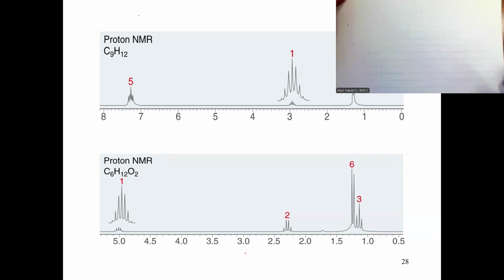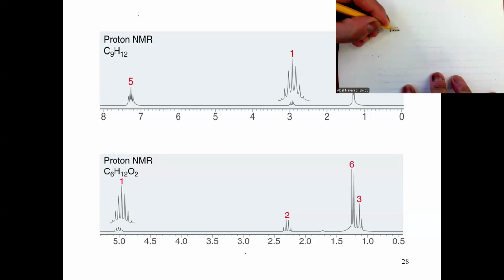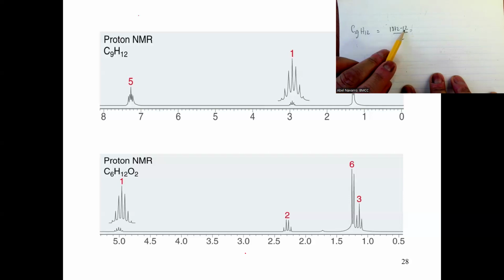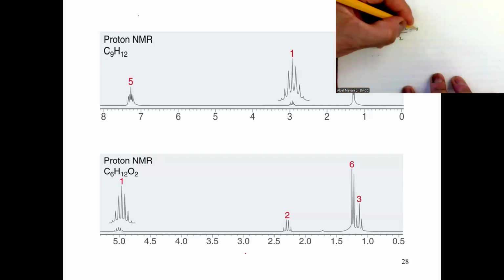Okay. So anytime that you are going to do NMR analysis, first determine your degrees of saturation. C9H12: 2 times 9 is 18, 18 plus 2 minus 12, divided by 2. That's 20 minus 12 is 8, 8 divided by 2 is 4. You have 4 DUs.